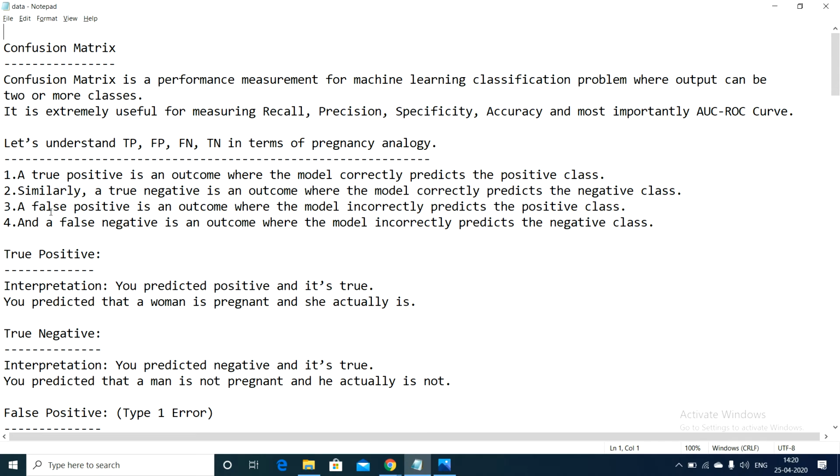That is the reason why it is true positive. Similarly, a true negative is an outcome where the model correctly predicts the negative case.